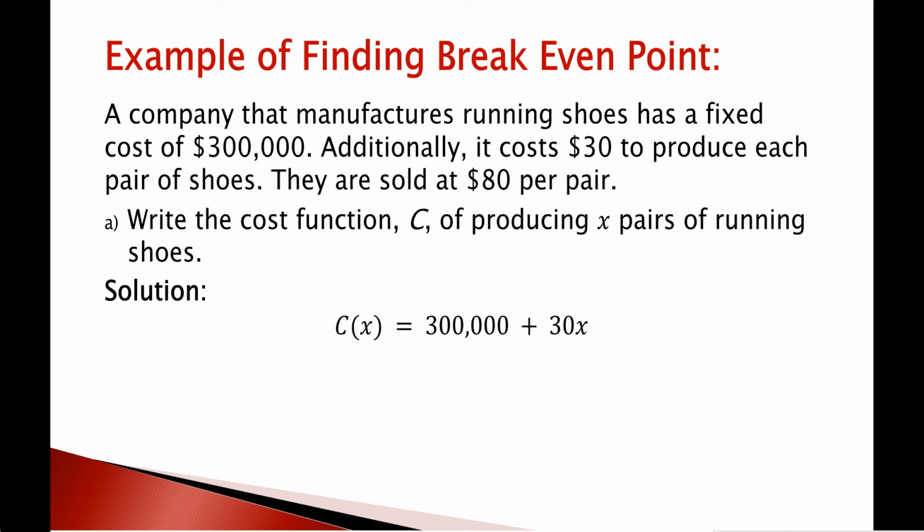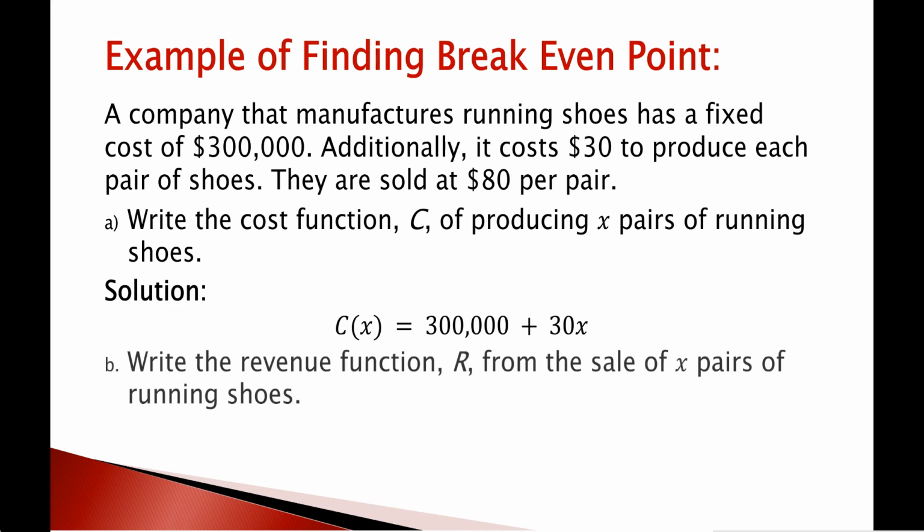I can use the cost function formula, which is fixed cost $300,000 plus the unit cost of producing a unit product, that is $30, times the total number of units of products that this company has produced, that is X. So $300,000 plus 30X.